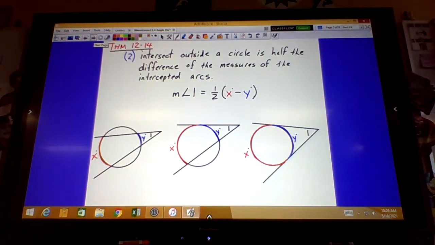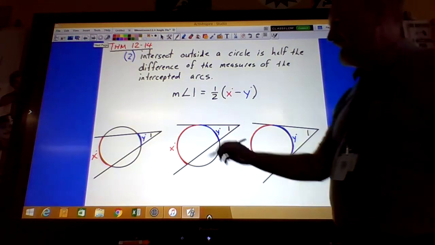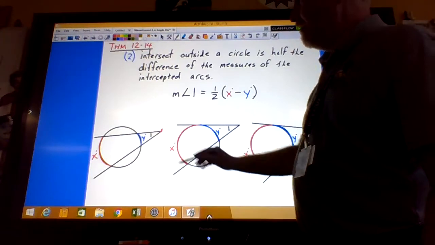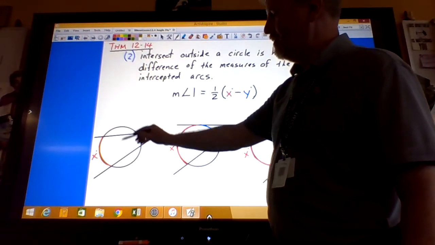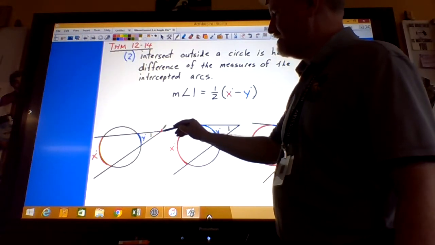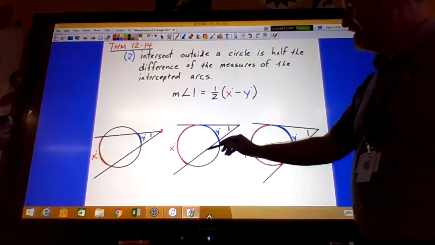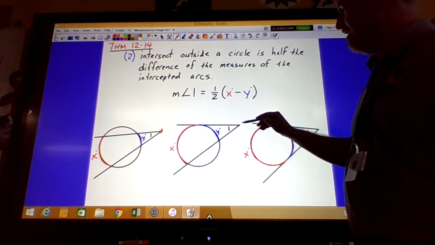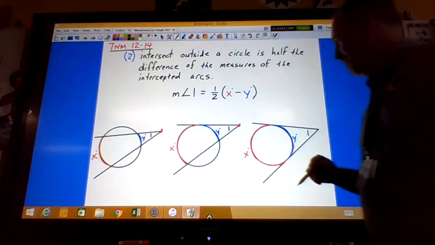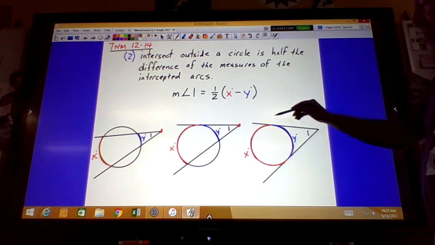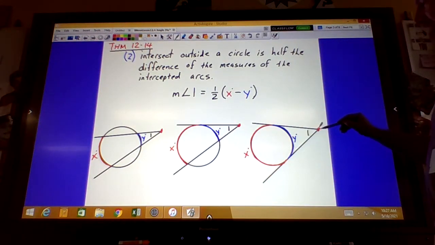Okay, here are the 3 ways that they can intersect outside the circle. You could have 2 of these new things we learned about called secants. They could meet outside. You could have 1 secant and 1 tangent intersecting outside, or you could have a double tangent intersecting outside.